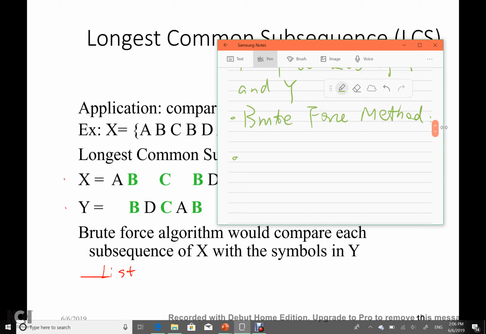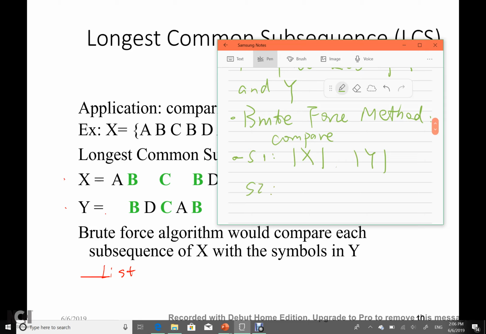So first we check the longest sequence. Step 1, compare the length of x and y, right? We do the comparison and pick up the smallest one as what we have.